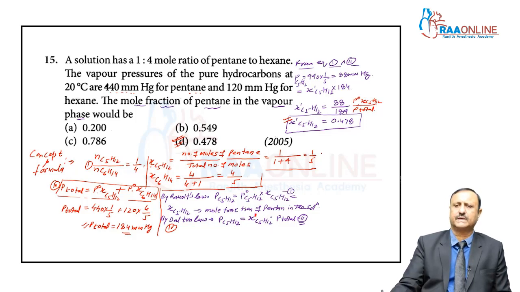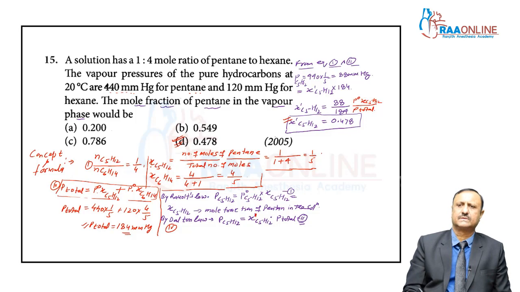In the vapor state, my dear friends, here this P0 into X C5H12, this 440 into 1 upon 5, means the total of P0 into XA which is present in solution, divided by the total pressure, then you can calculate the mole fraction in vapor phase of that substance, and you can get 0.478.